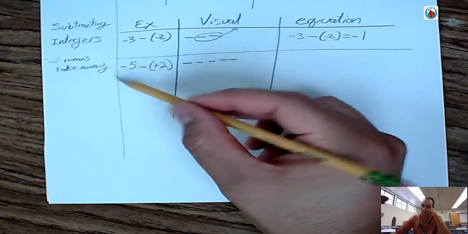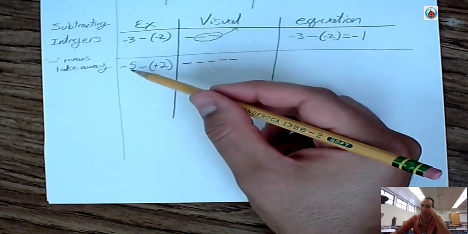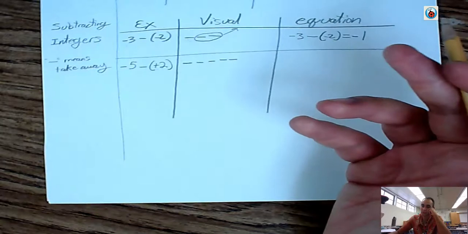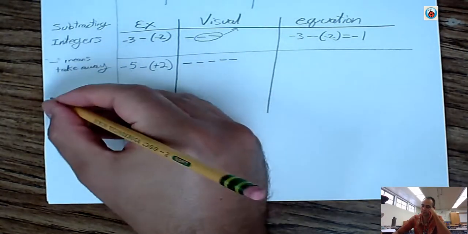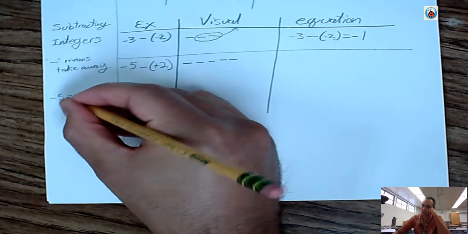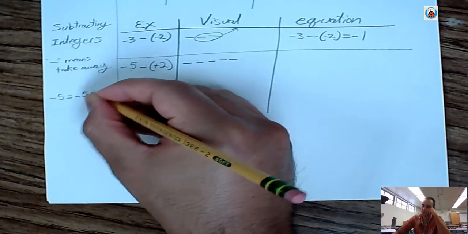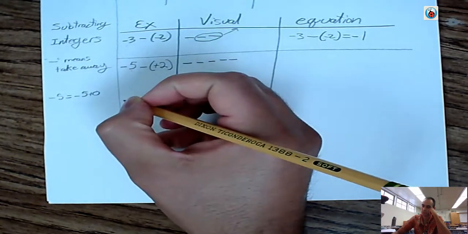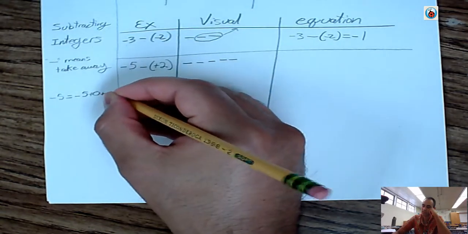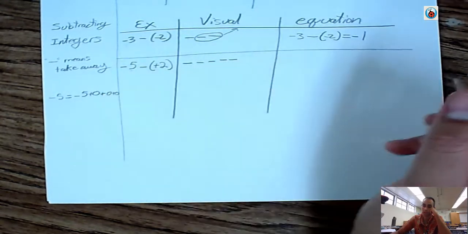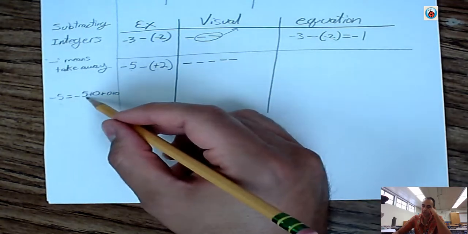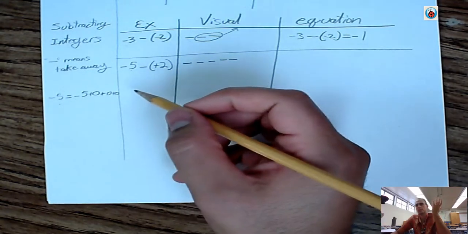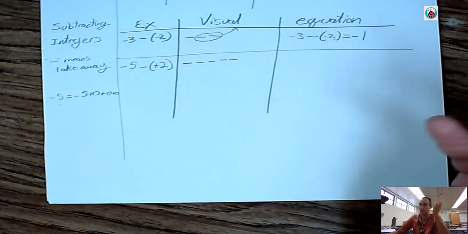So I'm going to change this. Now I can't add in numbers randomly. But negative 5 is the same as negative 5 plus 0. Or I can add 0 as many times as I want. So negative 5 is the same as negative 5 adding zeros. And some of you are thinking, why would you add 0, Mr. Sullins? Well, let me tell you.